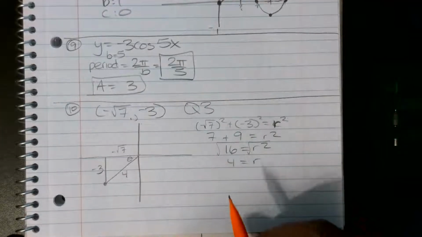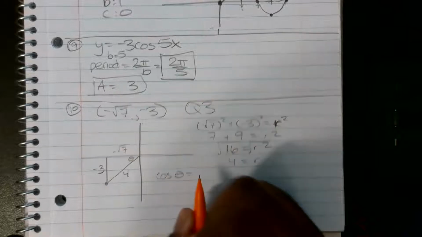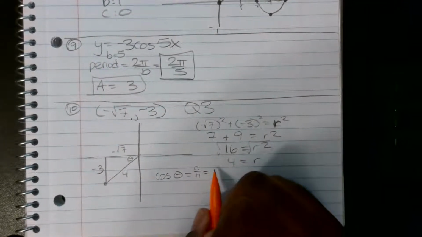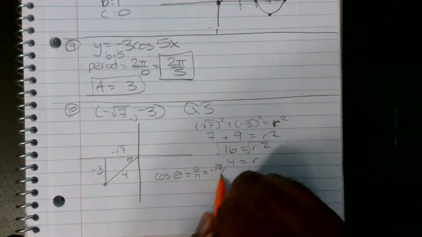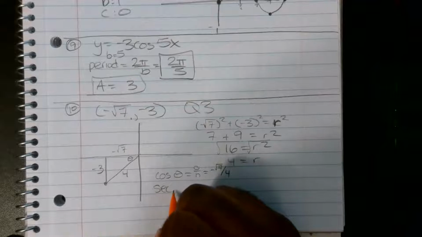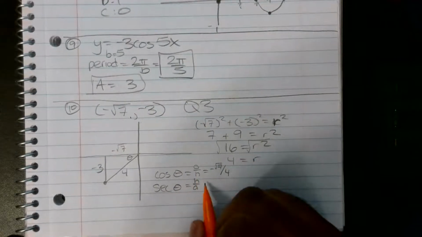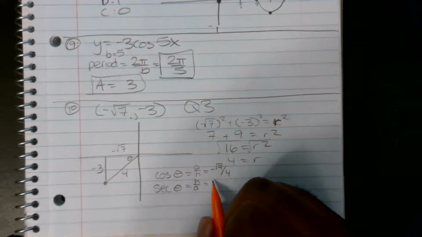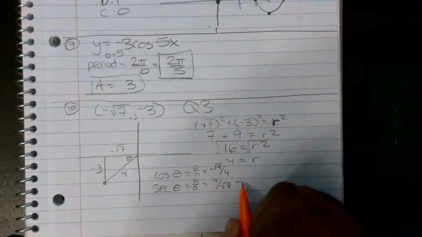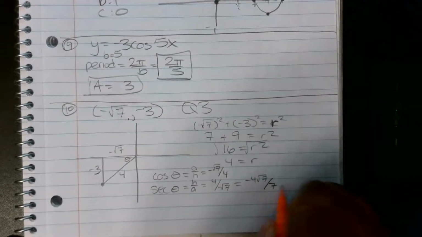So we have been asked to find cosine of theta is equal to adjacent over hypotenuse, which is negative root 7 over 4. Secant of theta is equal to hypotenuse over adjacent, which is 4 over negative root 7, which we have to rationalize, becomes negative 4 root 7 over 7.